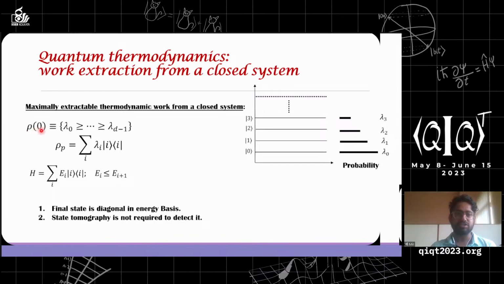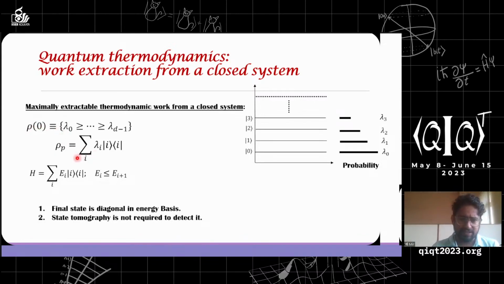If you take an initial state in its spectral decomposition, which we all know, then the passive state would be of this form, which means your lowest energetic state has the highest probability of occupation, and the highest energetic state has the lowest probability of occupation. That is the form of a passive state. This type of state takes the lowest energy under the unitary operations over this rho.